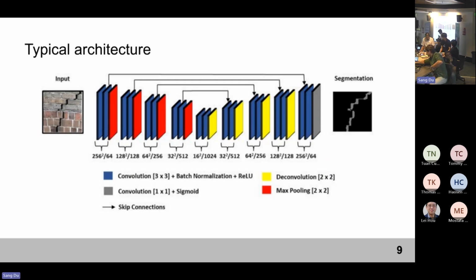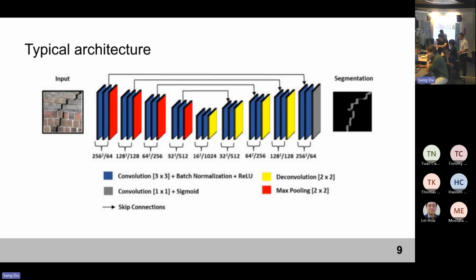Going through the whole process, you get the segmentation, which basically labels the crack at pixel level, telling where the crack is, how wide it is, and how far it extends. It normally involves convolutional layers, batch normalization, and activation functions like ReLU and GELU, and then decoding, where you have deconvolutional layers. You also have max pooling, which I will introduce later, to reduce the computational requirement.